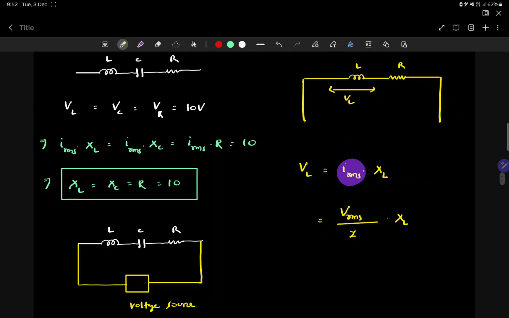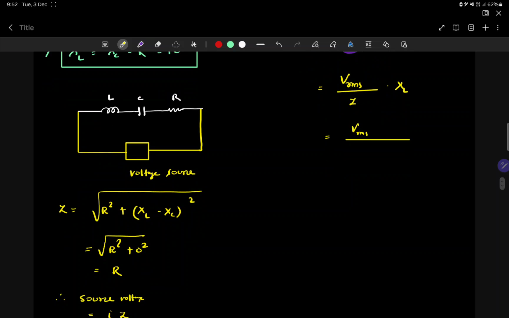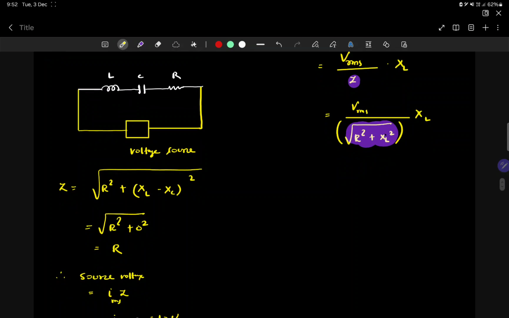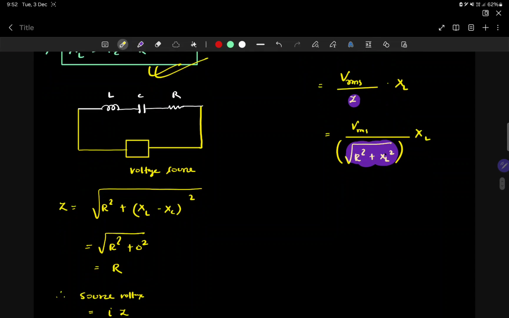When L and R are in series, the impedance Z is the square root of R square plus XL square. Okay, this is the value of impedance Z. Into XL. Now tell, R is equal to XL. We have derived, yes, R is equal to XL.